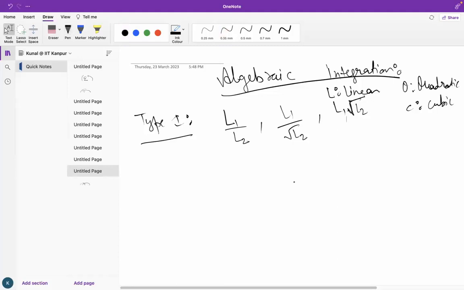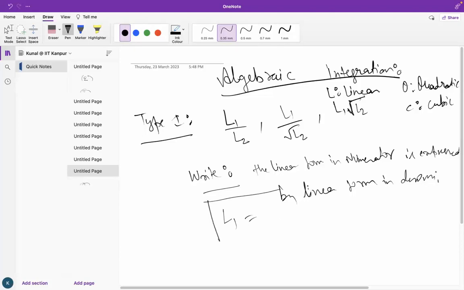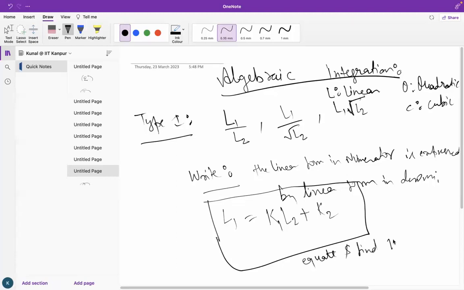What we do is write the linear form in the numerator expressed by the linear form in the denominator. We have to write linear 1 is equal to K1 linear 2 plus K2, and equate and find K1 and K2. This will be quite helpful.